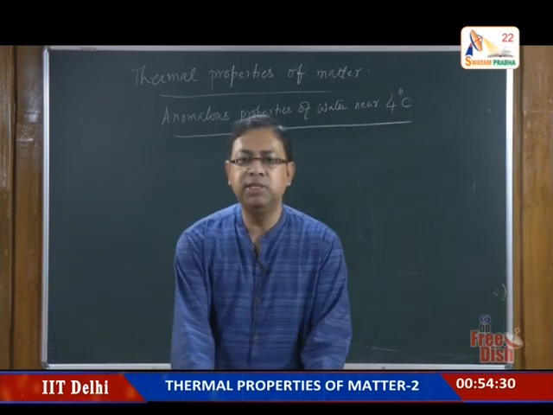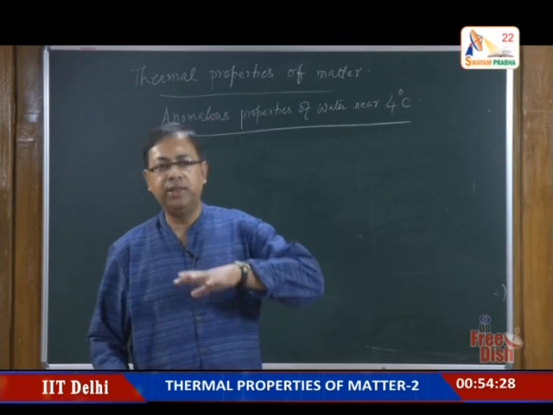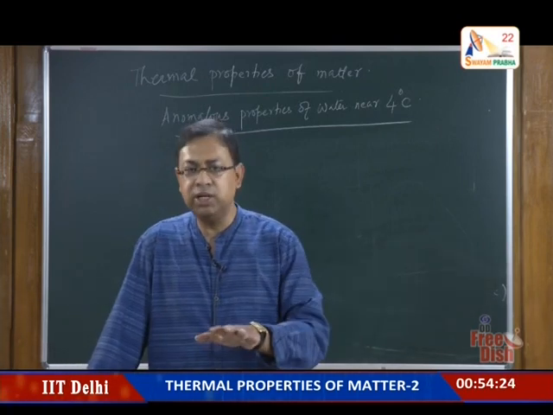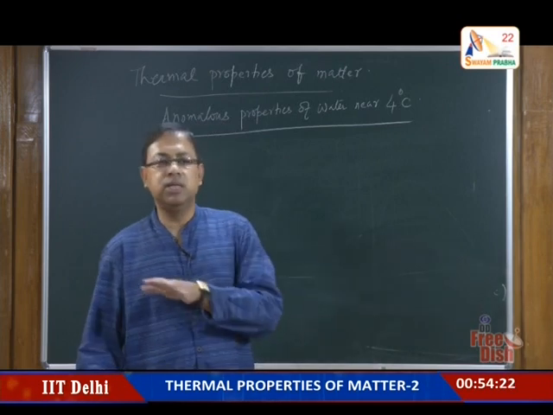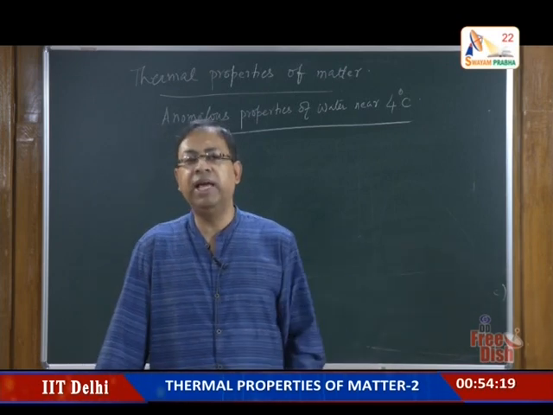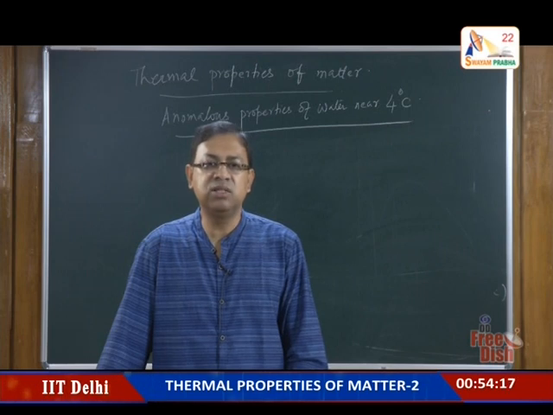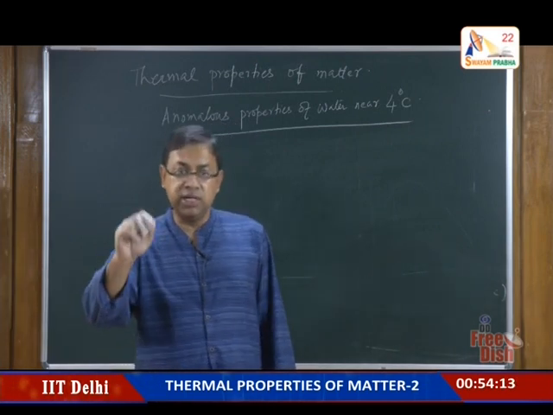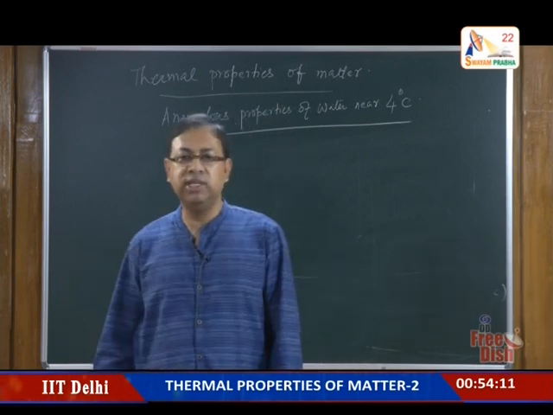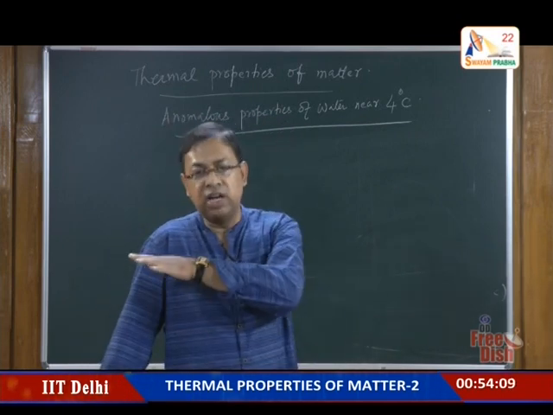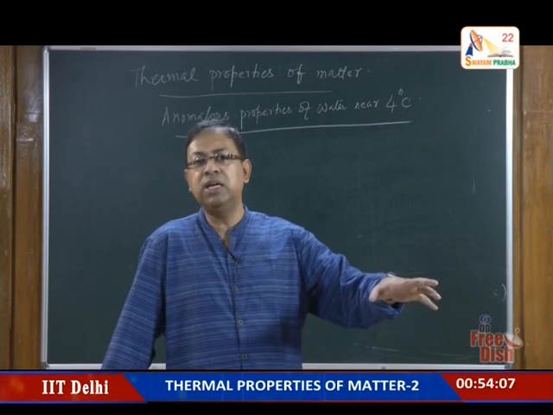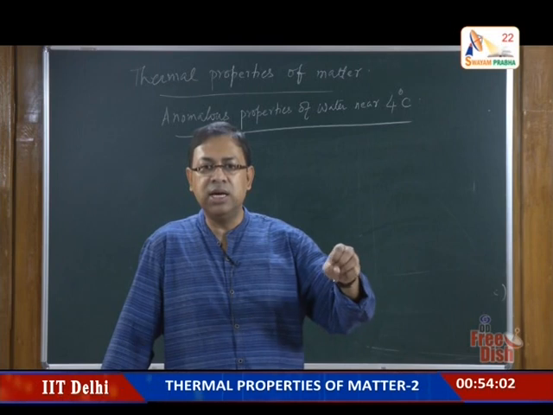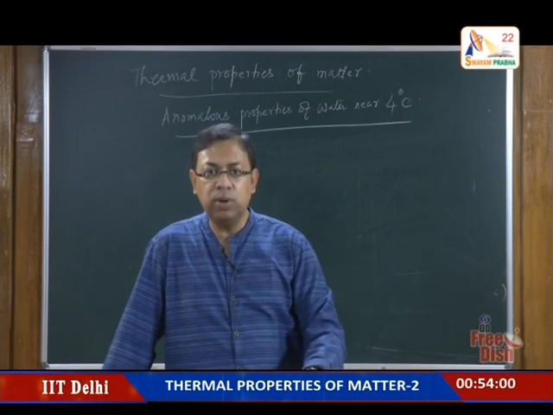So what happens is that when the air temperature drops, especially in the winter season, the surface of the water gets chilled, okay? And suppose the air temperature is still above 4 degrees centigrade. So the surface level of water gets chilled, it becomes heavy, and it goes down, okay?